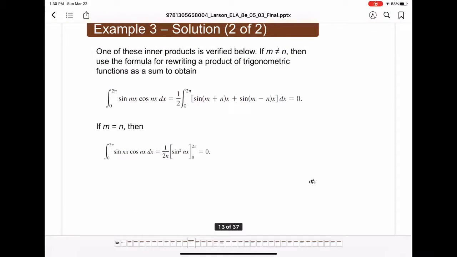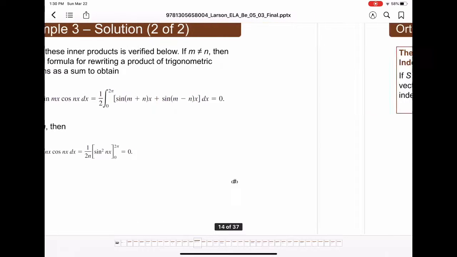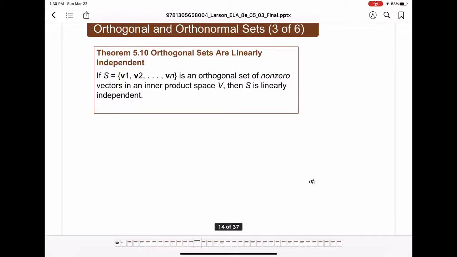I think I can skip this. Now, this theorem says that any orthogonal set is linearly independent.